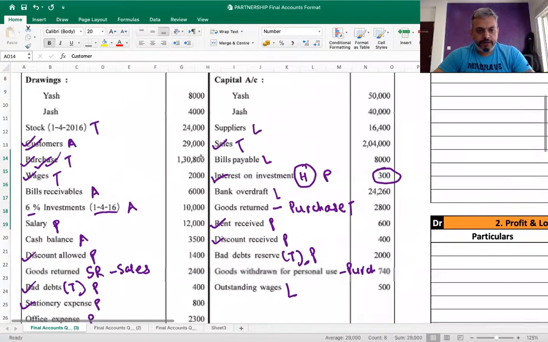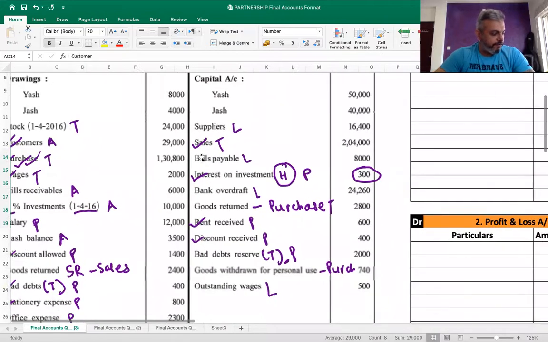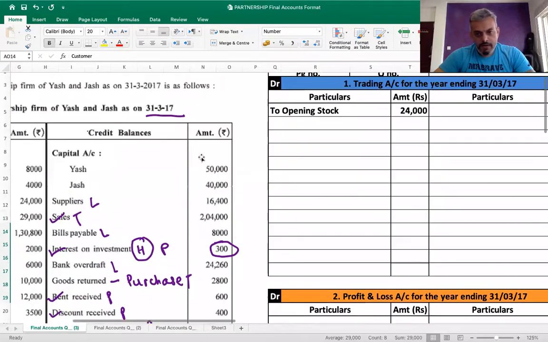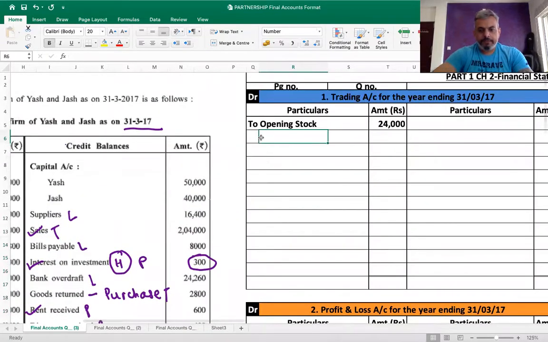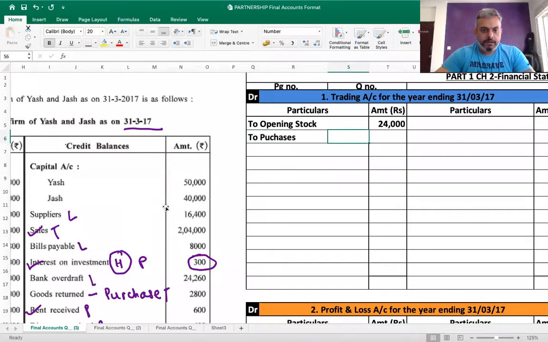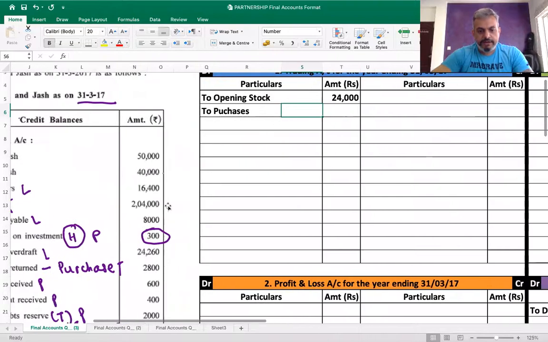Okay, customer done. Purchase. We have 3 things in purchase to be adjusted. So 2 purchases, amount of purchases 1,30,800.